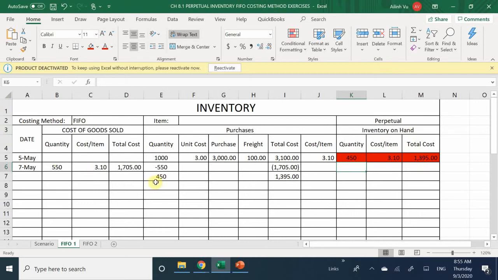So here, in this case, we calculated it here and we transferred it across over on the right side. So from my red batch, I have 450 items left. Okay? Everyone with me so far?